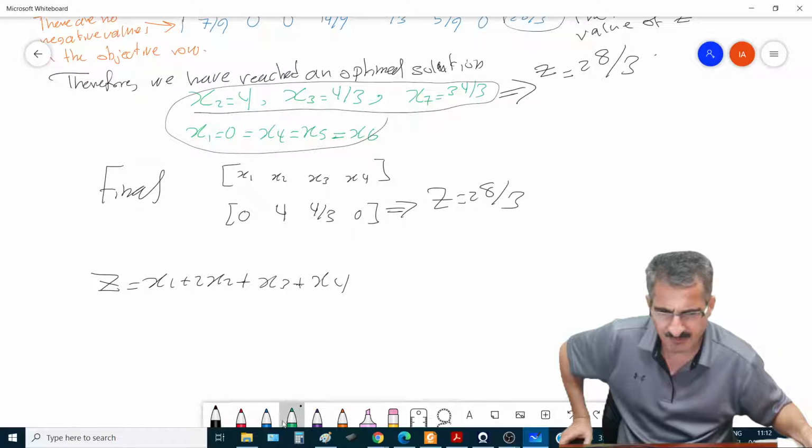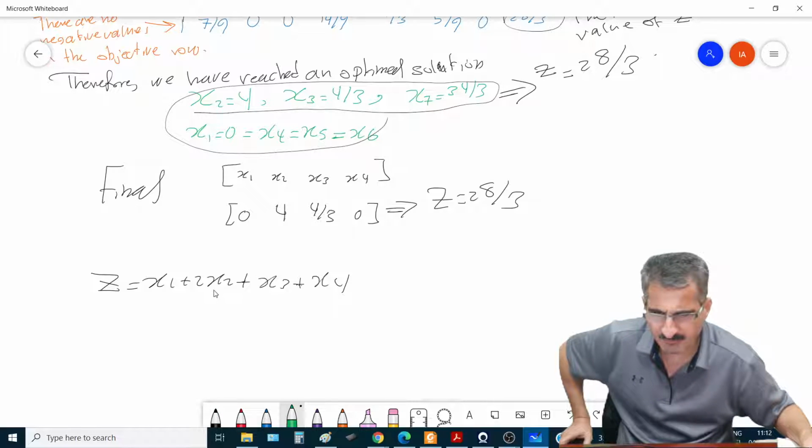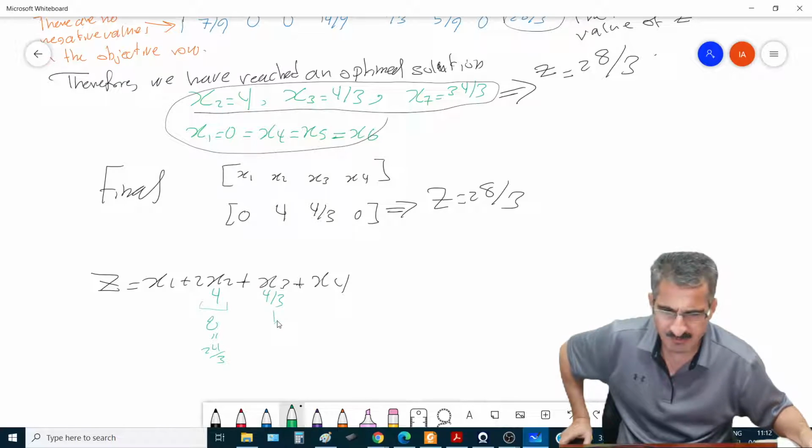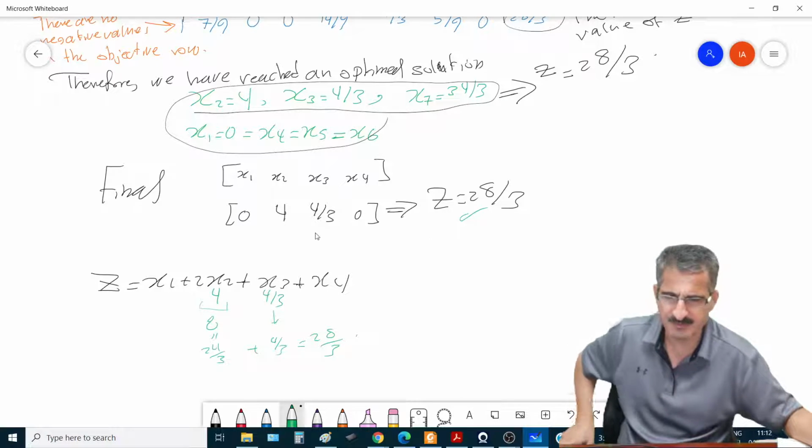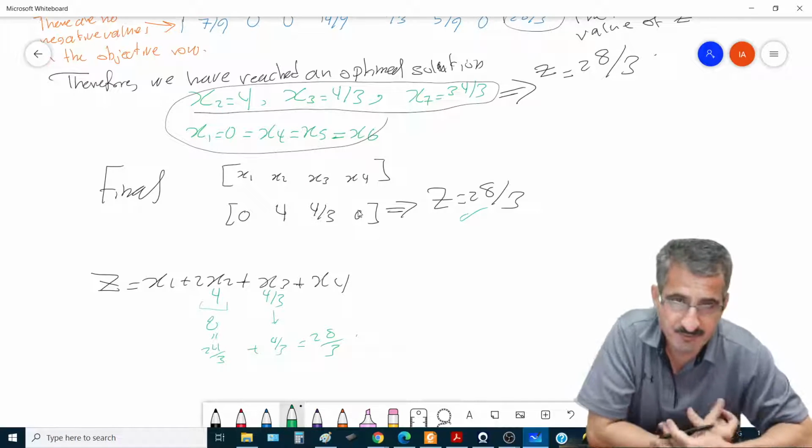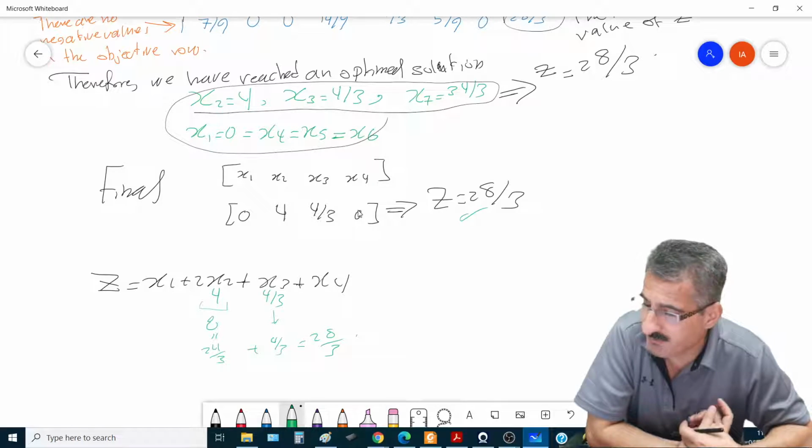If we substitute here 4 and substitute here 4 over 3, is that correct? Yes. This will be 8, which is 24 over 3, and this will be 4 over 3, and then we get 28 over 3, which is this. So we have reached the optimal solution. We used the simplex method.